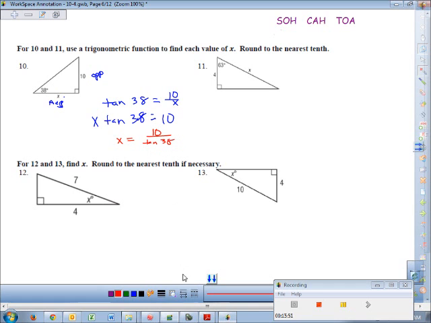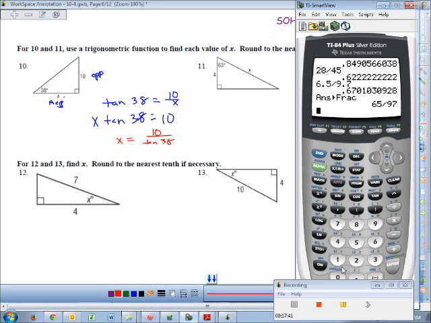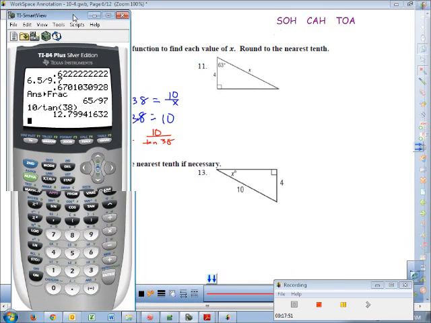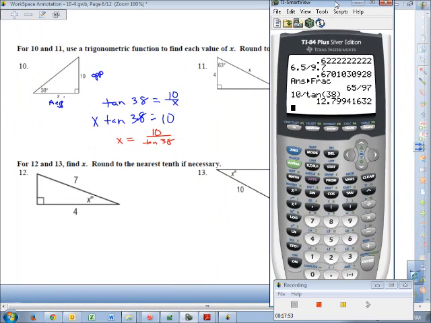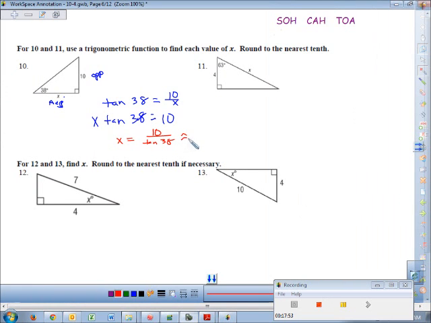And now we punch that in our calculator. 10 divided by the tangent of 38 and close the parentheses because it automatically puts that parentheses. And they ask us to round how? Nearest tenth, so about 12.8. Do they give us a unit to put it in? So just put about 12.8.